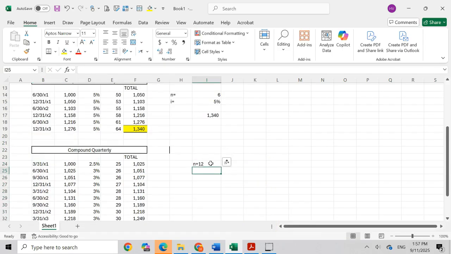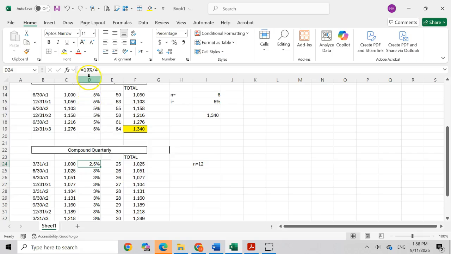Now let's talk about our interest rate because we need our number of compounding periods and our interest rate to figure out what factor to use. At first I used 3%, because I didn't round out enough, and my answer wasn't working and I couldn't figure out why.